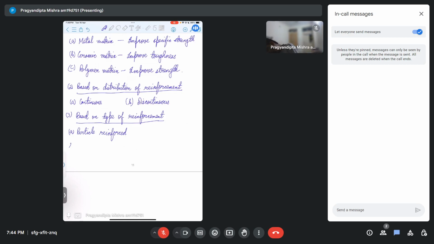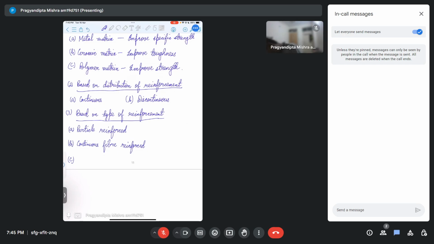So the density of the composite will be equal to the mass of the composite divided by the volume of the composite, or you can write it as fm rho m plus fr rho r, where, let's use small f rather than capital F, fm is the ratio of Vm by Vc, and fr is, let's use small r actually, Vr by Vc.